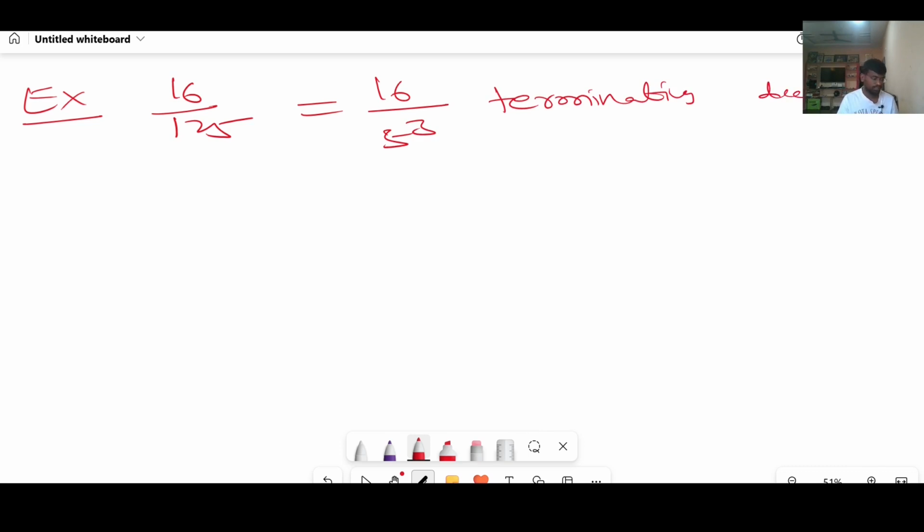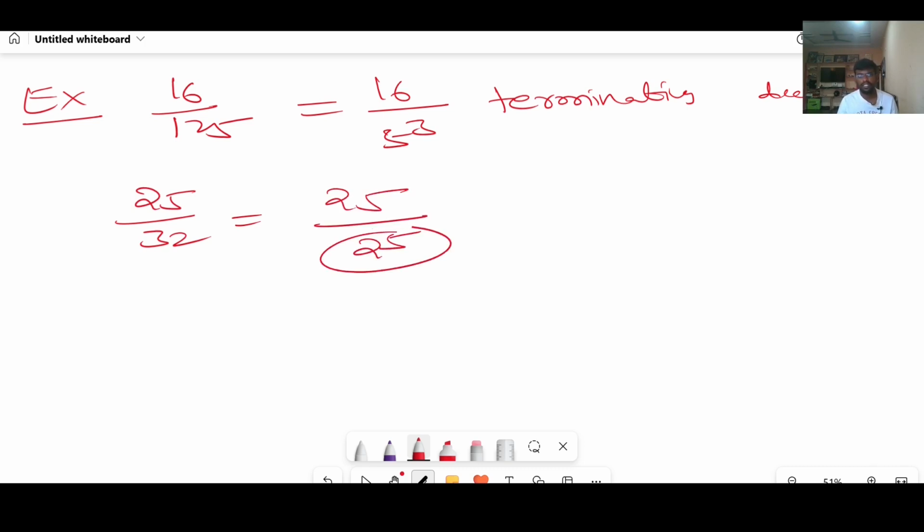And then 25 by 32. 2 to the 4, 4 to the 8, 8 to the 16, 16, 32 can be written as 2 power 5. It is also a denominator in the form of 2 power m. In the first case, the denominator is in the form of 5 power n. That is why I am directly writing this as a terminating decimal.